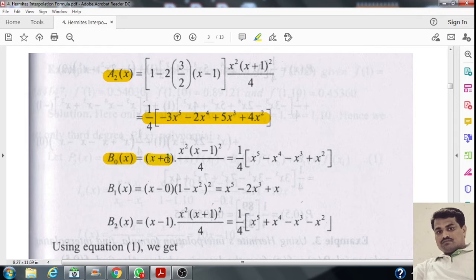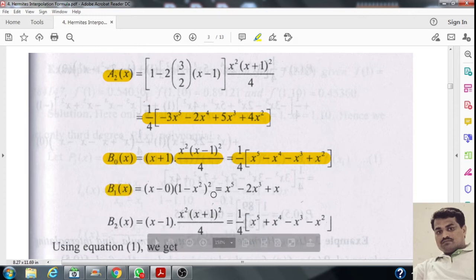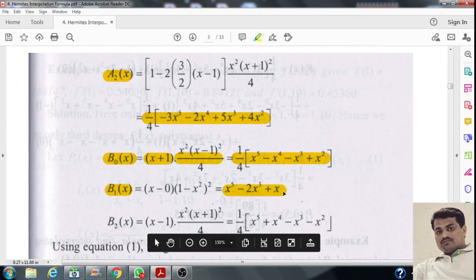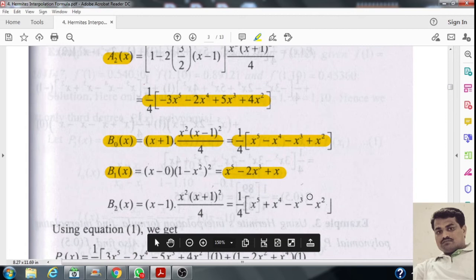Here x minus x0 is x plus 1, into L0(x) bracket square. Again simplify. After the simplification we get b0(x) is equal to 1 by 4 into x raised to 5 minus x raised to 4 minus x raised to 3 plus x square. Also, same way we find b1(x). b1(x) is equal to x raised to 5 minus 2 times x raised to 3 plus x using the formula.